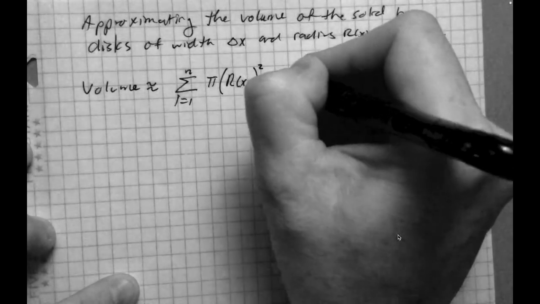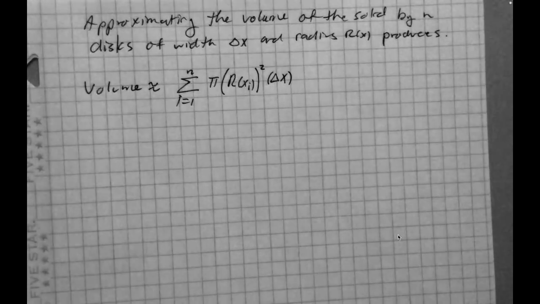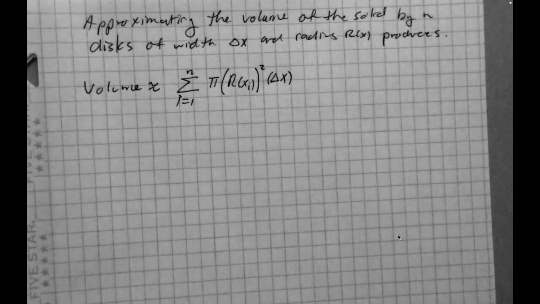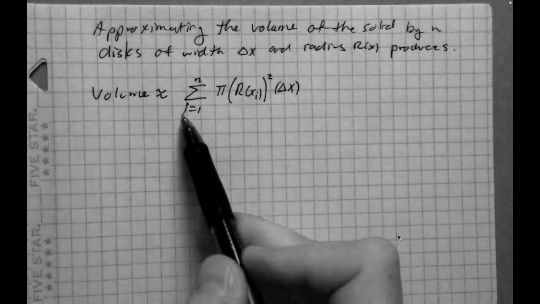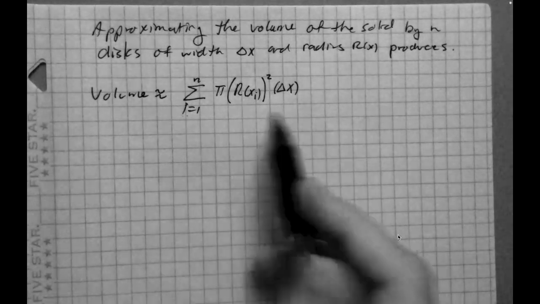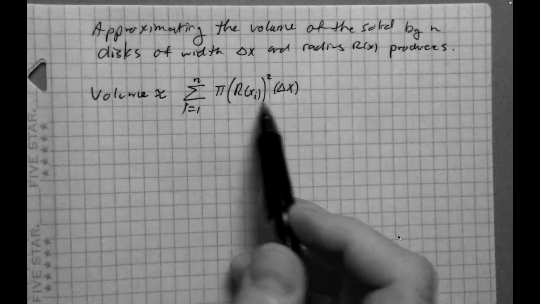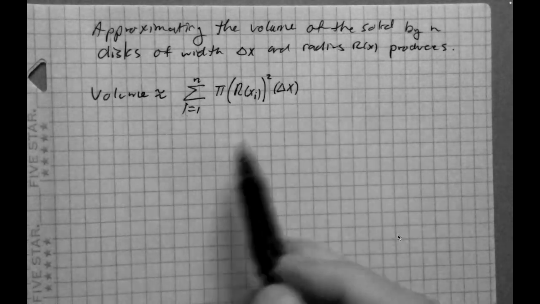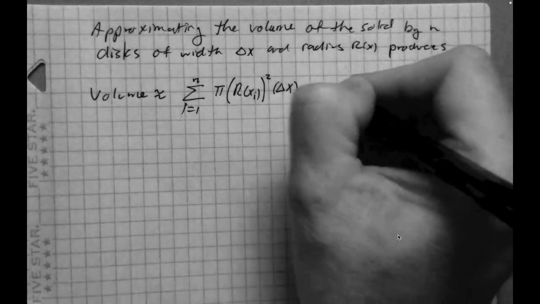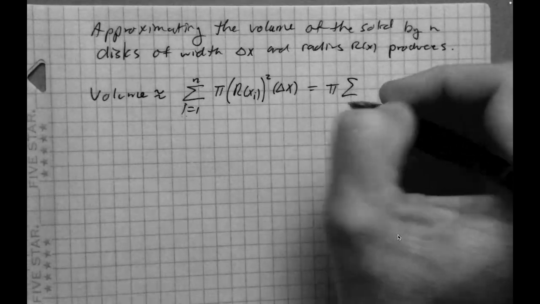And they're each going to get multiplied by their width, which is all the same, in this case, delta x. All right, like so. So this is what it looks like. For i equals 1 up to n, you're going to have pi r squared times delta x. Right, and here the r will vary depending on which part of the shape you're in. Okay, and then this can, of course, be cleaned up slightly. You can pull the pi out front in particular.